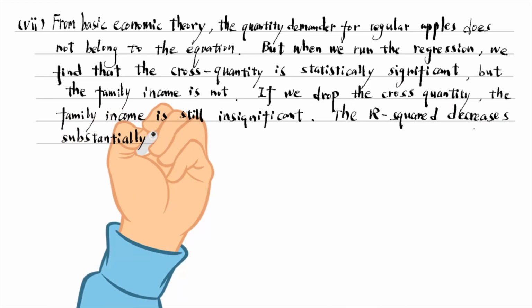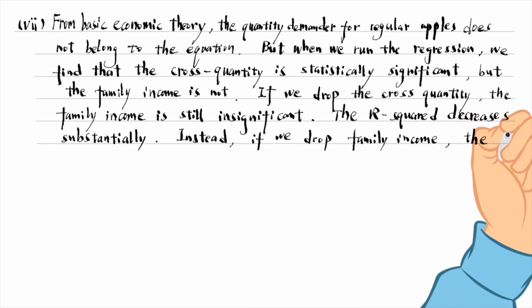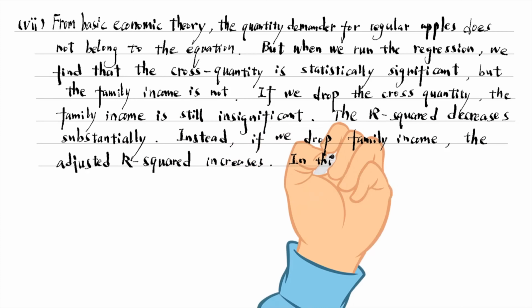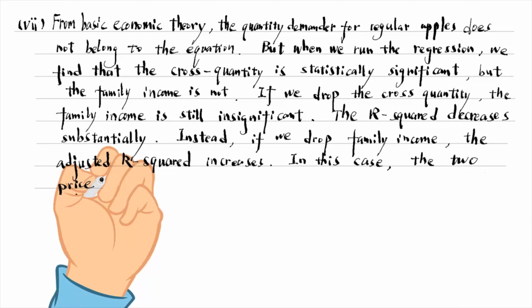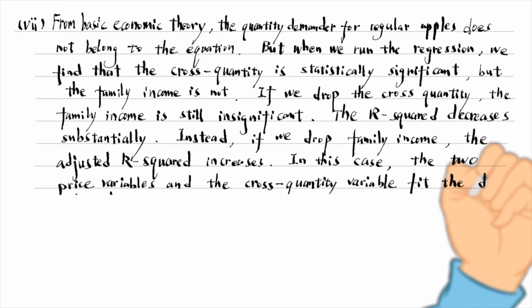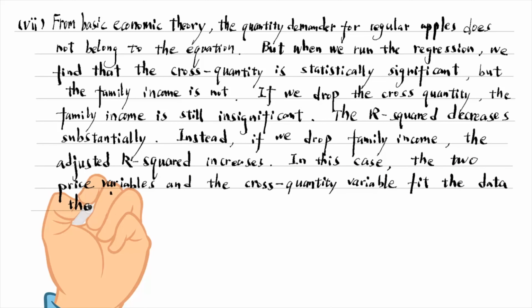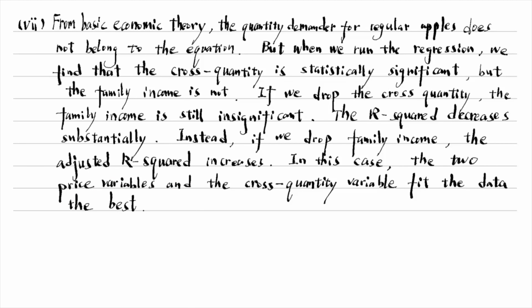If we drop the cross quantity, the family income is still insignificant. The R-squared decreases substantially. Instead, if we drop family income, the adjusted R-squared increases. In this case, the two price variables and the cross quantity variable fit the data the best.